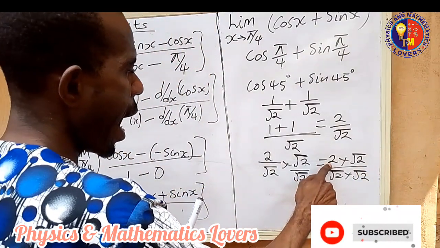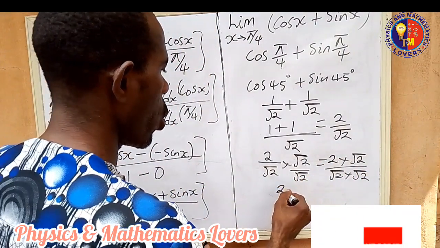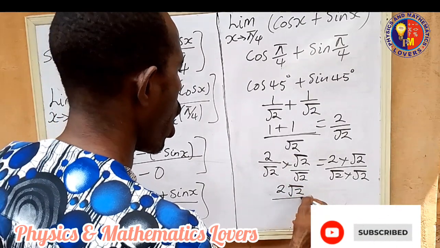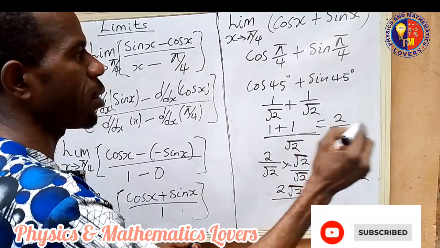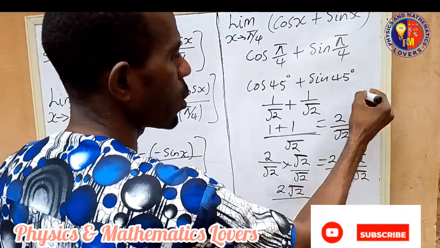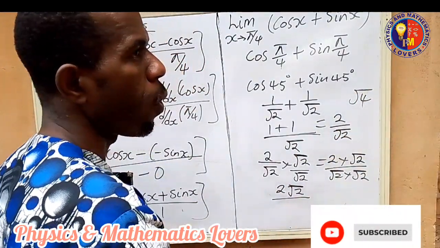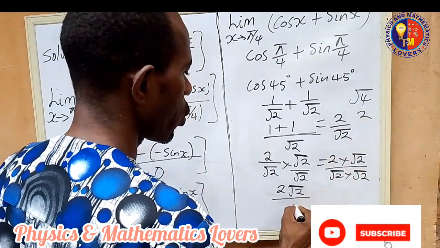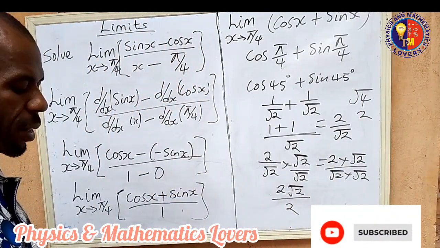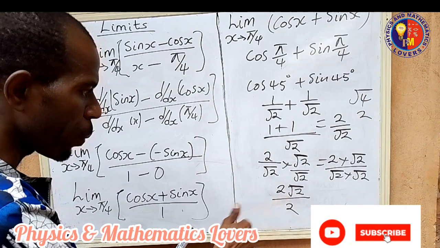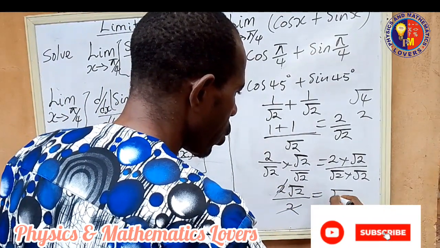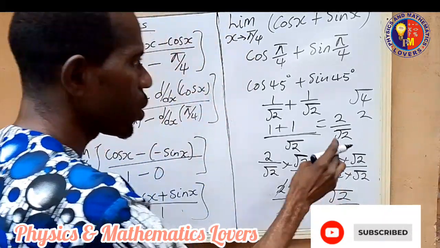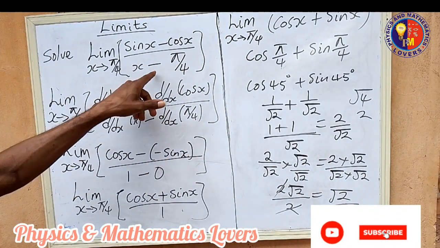Two times root 2 gives 2 root 2. In the denominator, root 2 times root 2 is root 4, which is 2. Are you getting it now? So we can strike out the 2s, and my final answer becomes root 2. This is the answer to this function.